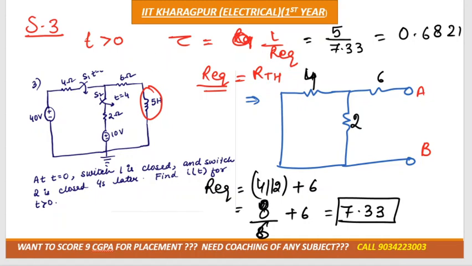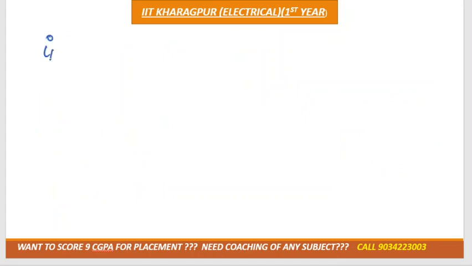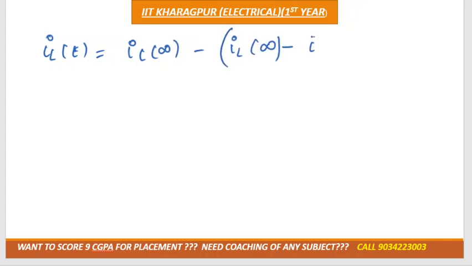Okay, no problem. Again, we need to put it in the equation. IL of t would be equal to IL of infinity minus (IL of infinity minus IL of 0) e raised to the power minus t by tau. Correct?